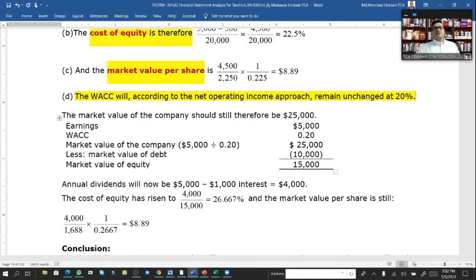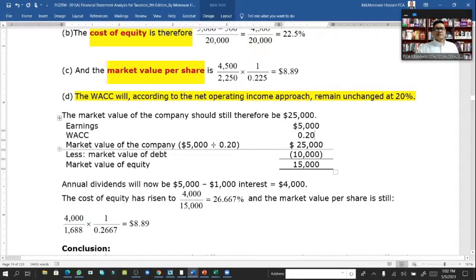So the market value of the company should still be 25,000: earnings 5,000 divided by the weighted average cost of capital gives 25,000. Now the market value of debt is 10,000. How did it come? 5,000 before, plus a new issue of 5,000 debt, so 10,000.